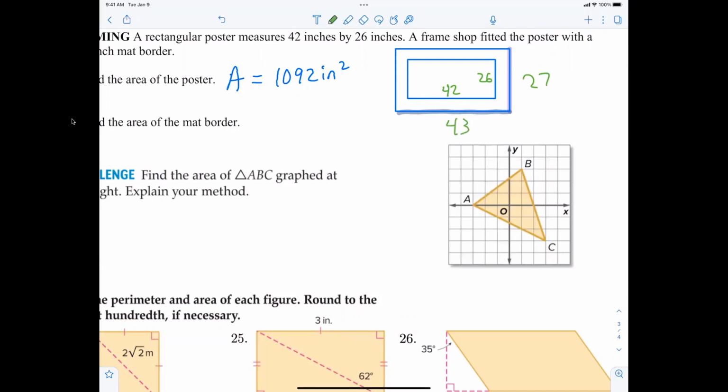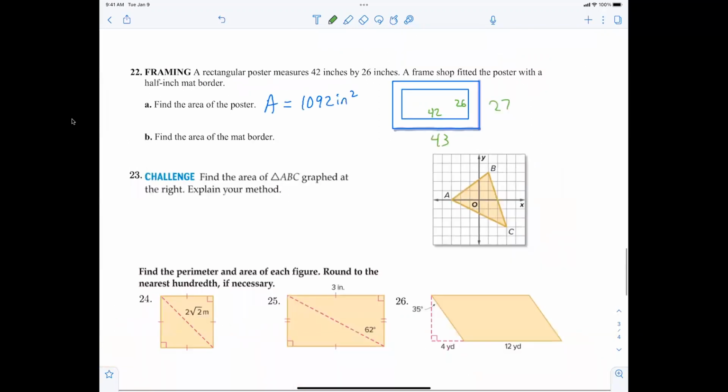So how do I find the area of the border? Yeah, so we could say 43 times 27 would be the area of the poster and the mat. So then we subtract out the area of the poster, and that would give me the area of the border.